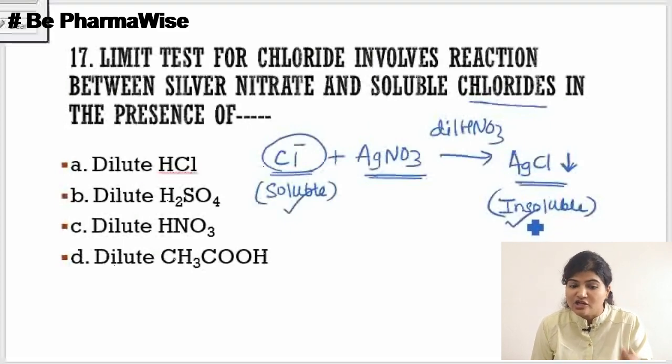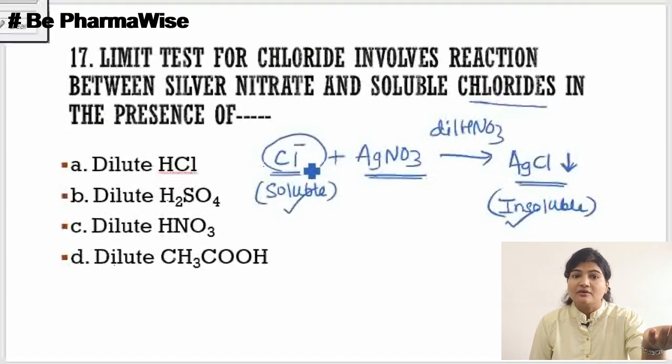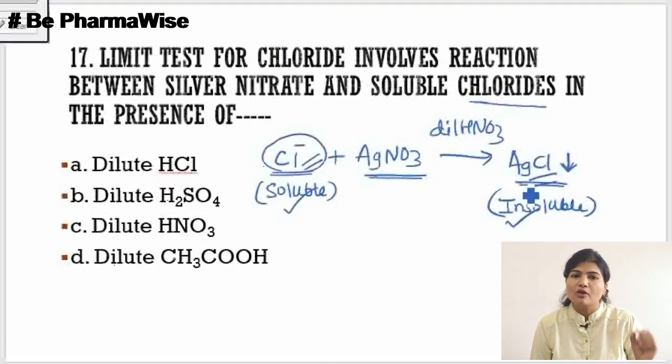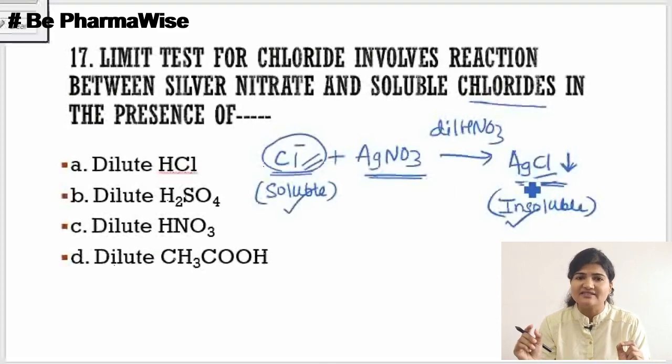Are you getting it? So what you have done is you have got the soluble chloride out in the form of insoluble PPT. Now what you will do, you will have a standard or reference and you will check. As the precipitate is being formed, the solution will become opalescent, and then you will compare the opalescence of test and standard.